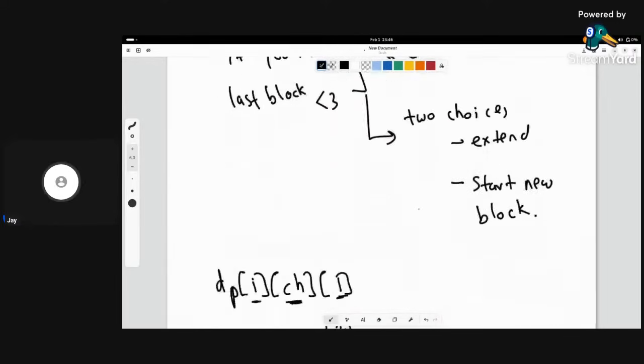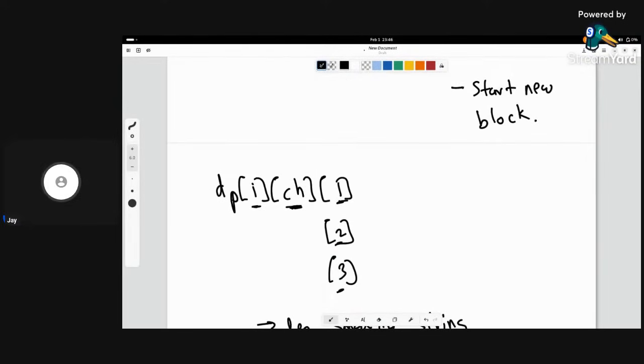Then you could maintain this DP state that, at each place, the characters that a block can have are all A's, all B's, all C's, up to all Z's. And the number of characters it can have is 1 character, 2 characters, or 3 or more characters. And on this, you could define your transitions. If this block has 1 character, then it goes to a 2 character block, and then to a 3 character block.